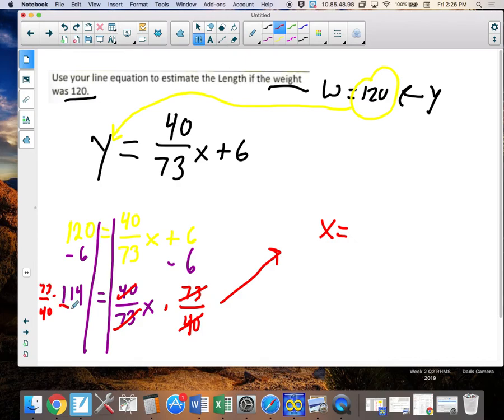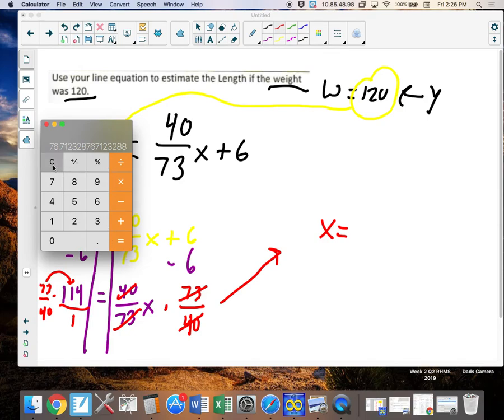On the other side, I'm going to multiply 73 times 114 and then divide it by 40. So clear out the calculator. 114 times 73 gets us this really large number, 8,322.